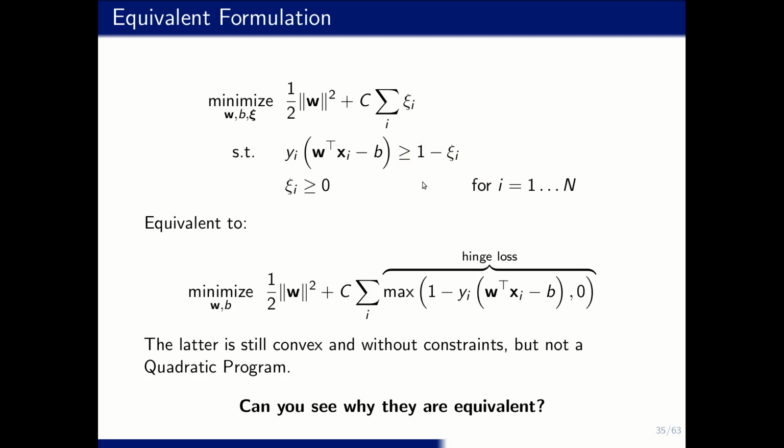If you plug these into each other, you can show that the two are equivalent. I would like you to think a bit about this. The second formulation is still convex and doesn't have any constraints, which is good, but it's not a quadratic program anymore, unlike the first case.